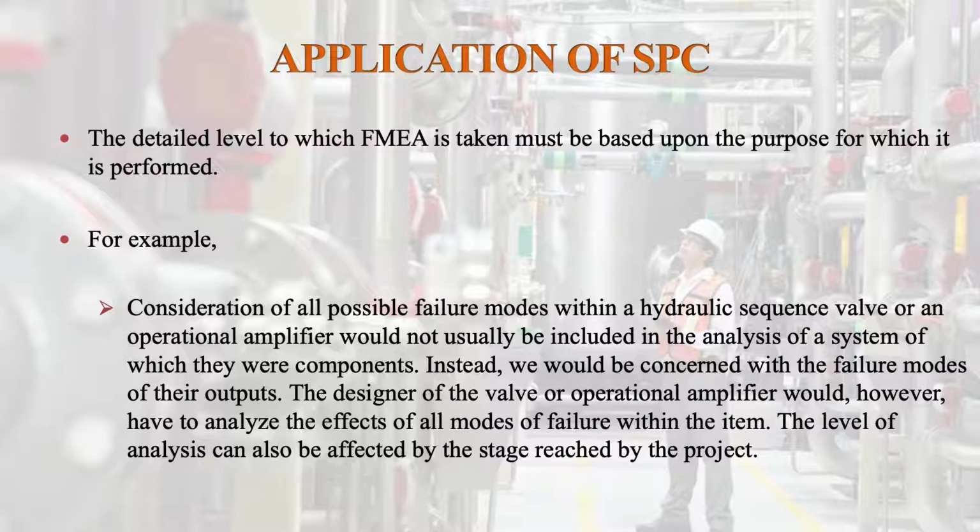Instead, we would be concerned with the failure modes of their outputs. The designer of the valve or operational amplifier would, however, have to analyze the effects of all modes of failure within the item. The level of analysis can also be affected by the stage reached by the project.